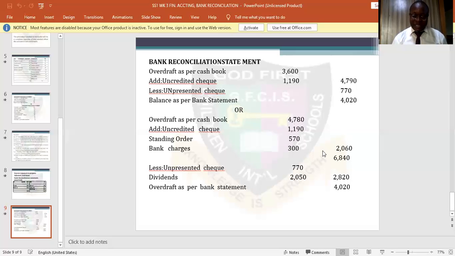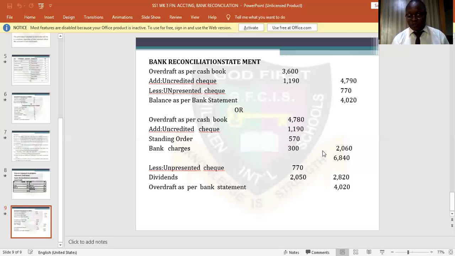Mind you, we still have the less unpresented check, 770 naira. Then we also have just one other item to subtract, that is dividend, 2,050 naira. So when you sum the two together, you are going to get 2,820 naira.